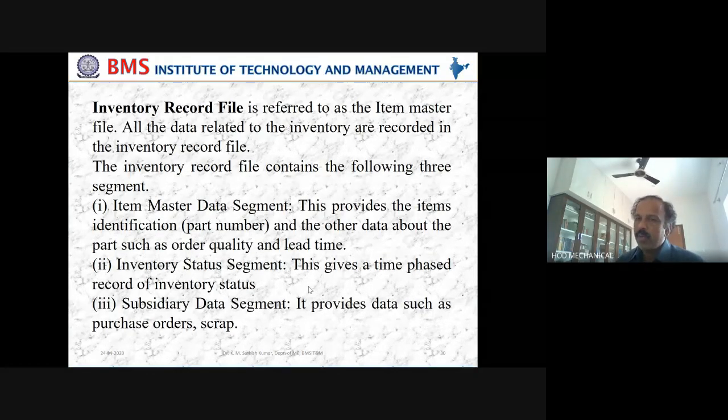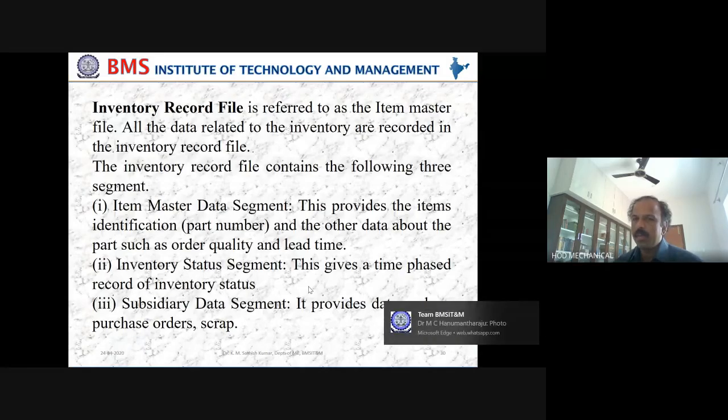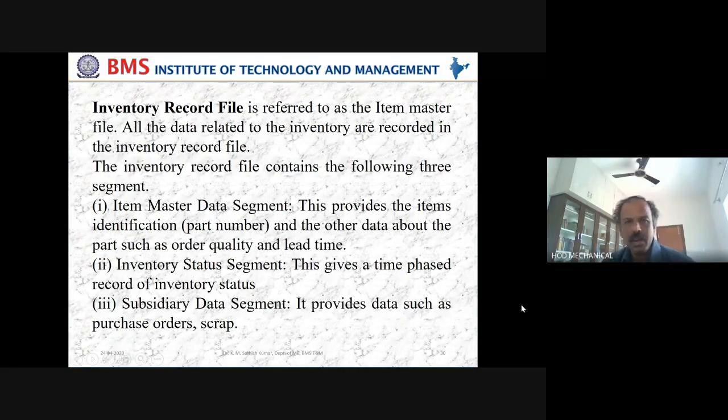Then who has to take care of how the consumption is occurring, or what quantity is left at this point in time? That is given by the inventory status segment, which gives a time-phased record of inventory status.